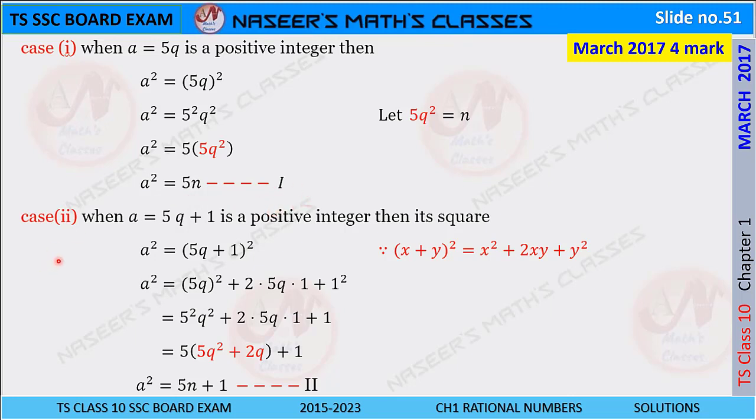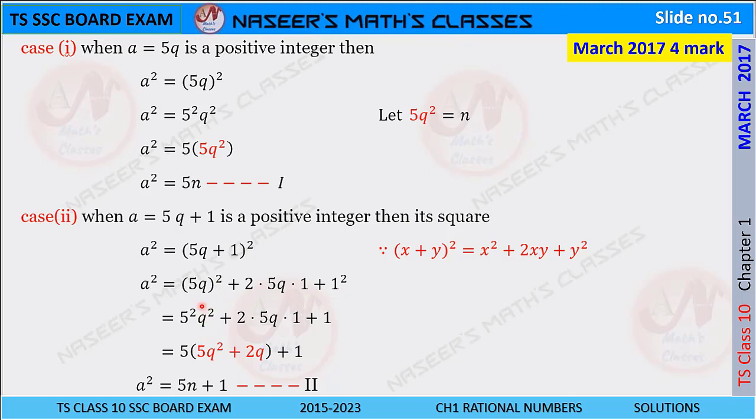So next, case 2: when a is equal to 5q plus 1, a positive integer, then its square is written as a square is equal to (5q plus 1) whole square. It is in the form (x plus y) whole square is equal to x square plus 2xy plus y square. Then we can expand RHS as (5q) whole square plus 2 times 5q times 1 plus 1 square.